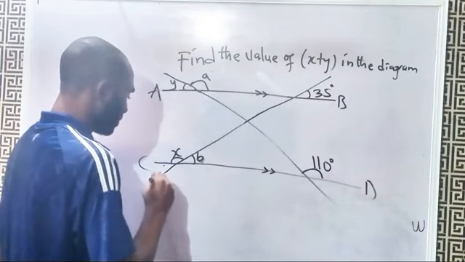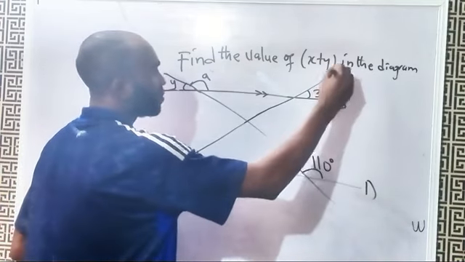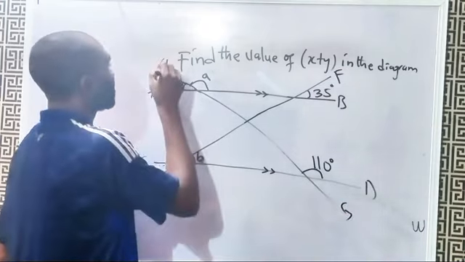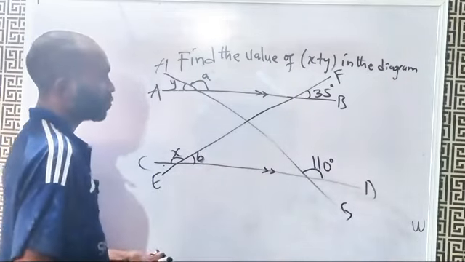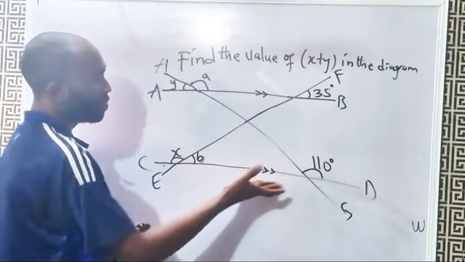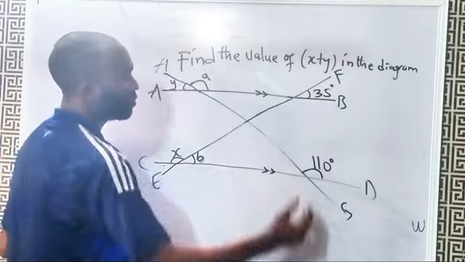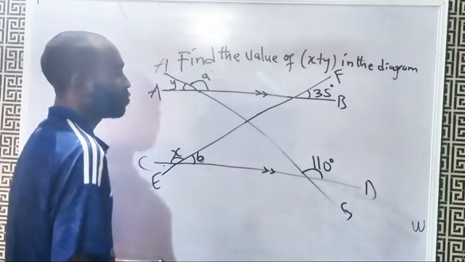Let's name this transversal E, this one F, this one G, and this one H.